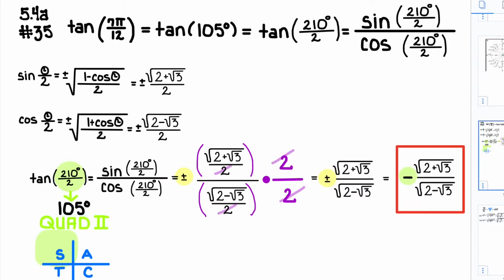The half-angle formulas allowed us to find an exact value for the tangent of 105 degrees, even though 105 degrees was not on the unit circle. If you would have memorized the half-angle formula for tangent, we could have done this a little bit quicker. But sometimes memorizing too many things can make it challenging on a test.